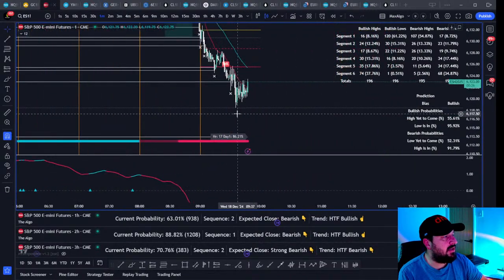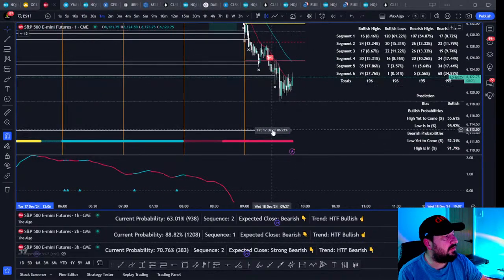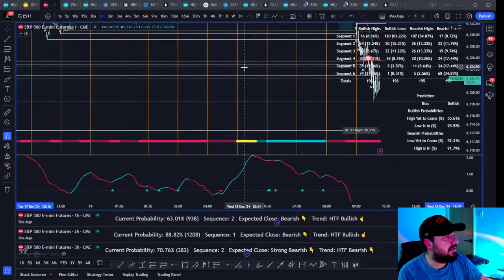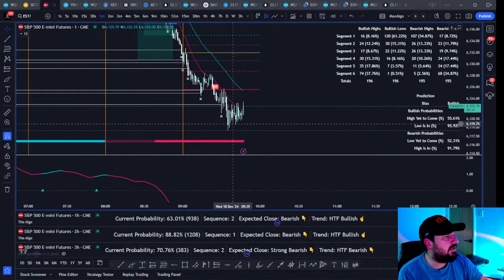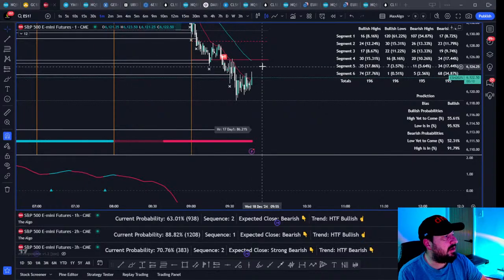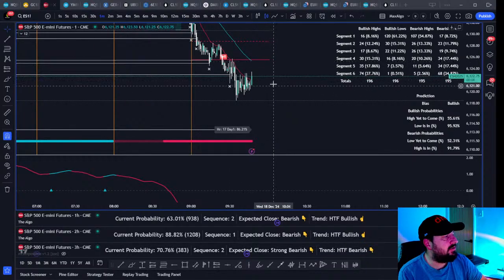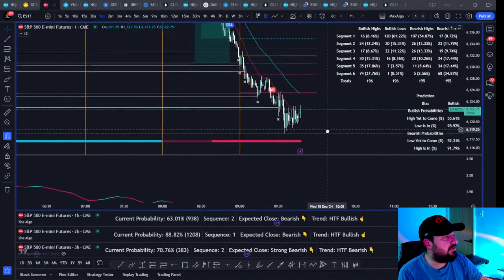So ES came right down. It's still got a bit to go. It's looking nice. Right, very corrective. That was our last push down. Can't get back above. It's a very big drop though.